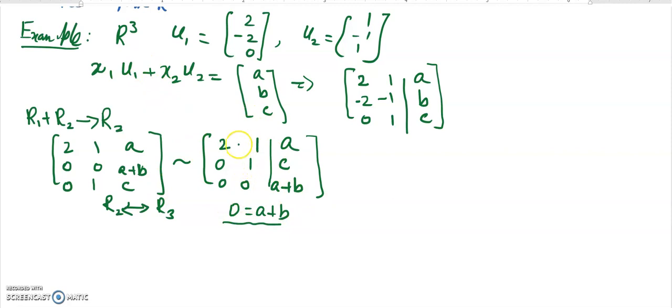We can get the values of x1 and x2 from the second and first equations. So x2 is equal to C from the second row, and then from the first row we get 2x1 plus x2 is equal to A. So x1 is equal to A minus x2, which is C, divided by 2, so A minus C by 2. So we get the values of x1 and x2 as (A minus C) by 2 and C.